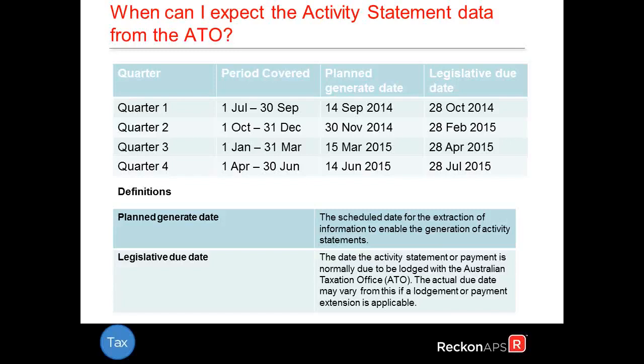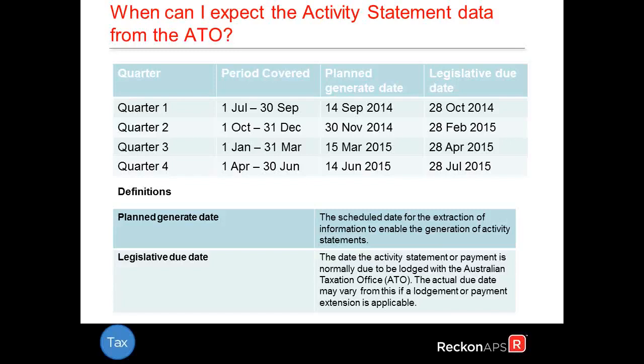Okay, so the planned generate date is the date the ATO intended to start generating the activity statement documentation, whether it be in an internet, electronic or paper form. Okay. Now the ATO have said that they expect to complete the generation of the activity statements 7 days from that planned start date or generate date.